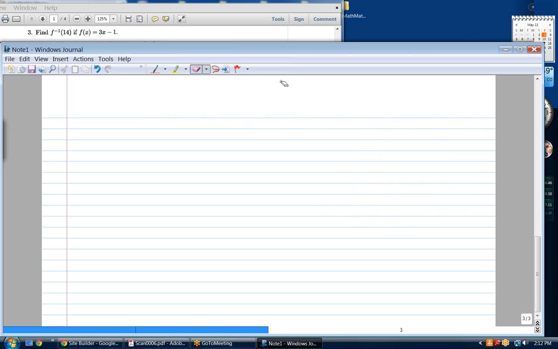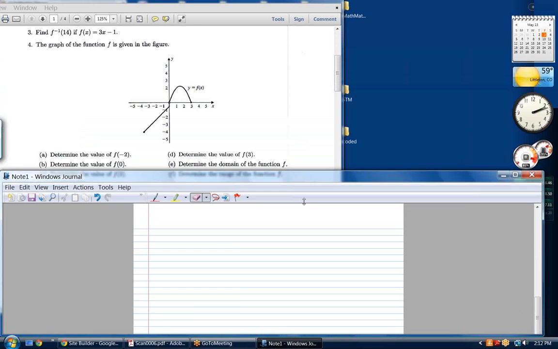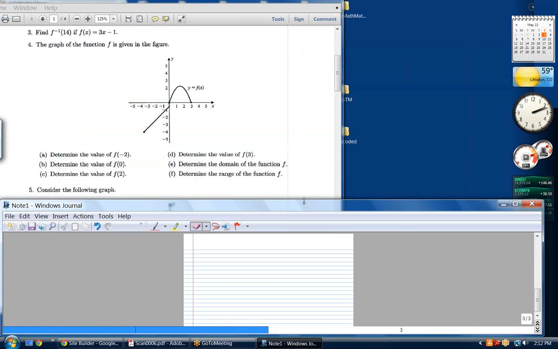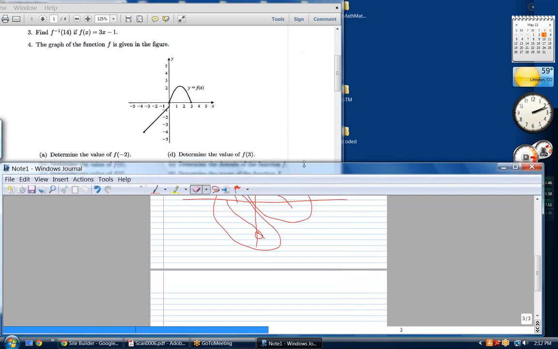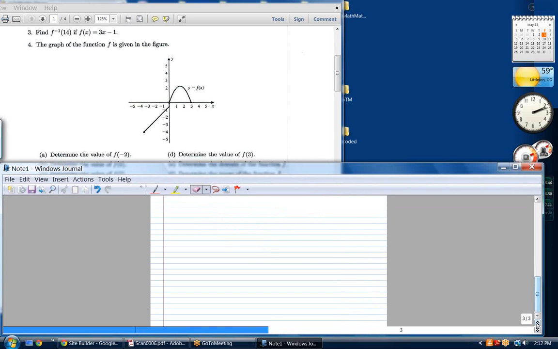All right. Let's start with A. So that is f of x. What is f of minus 2?